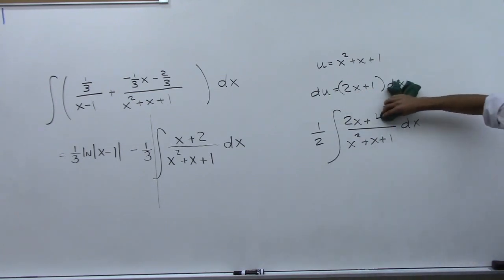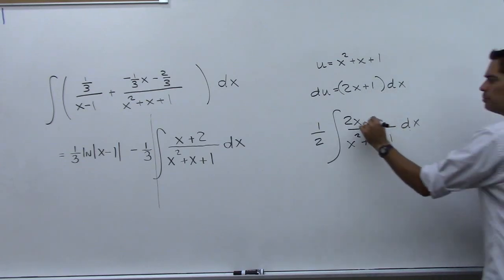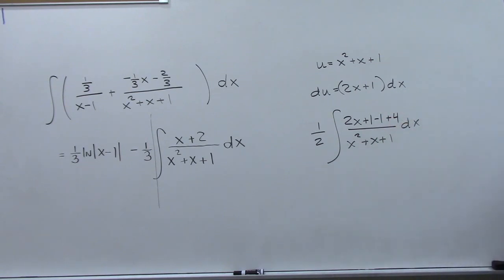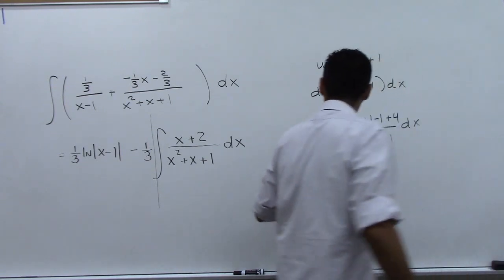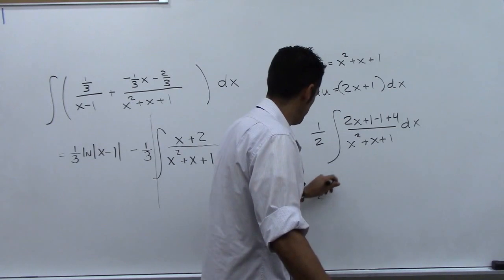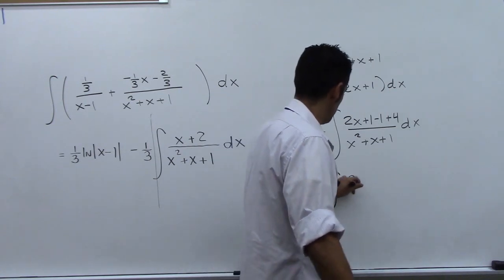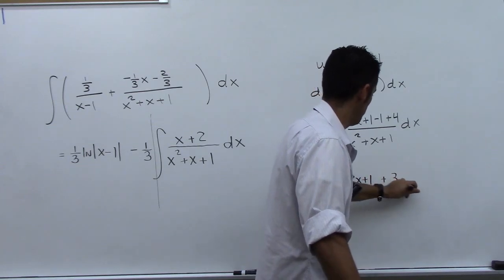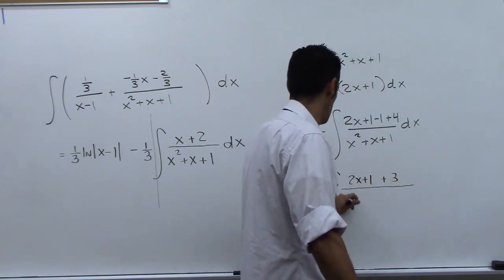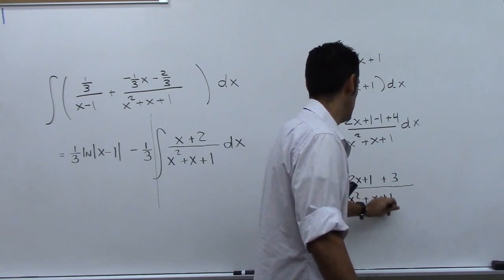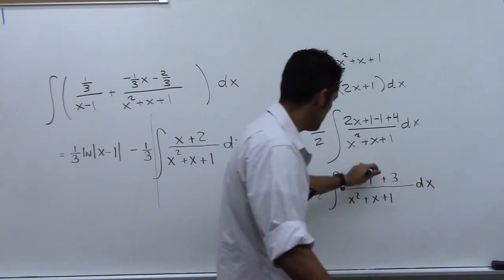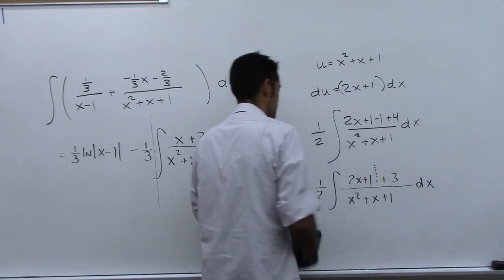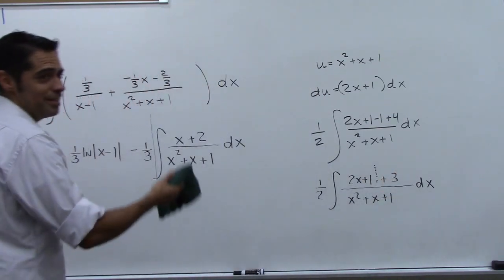So this is where I said just come in here and do plus 1, minus 1, and then we had a plus 4 there already. So that integral is now 1/2 integral 2x plus 1, then plus 3 all over x squared plus x plus 1 dx. And then what I'll do is I'll split it right here. I'll do this over this, and then I'll do this over this. This is actually a little longer than I thought it was going to be.